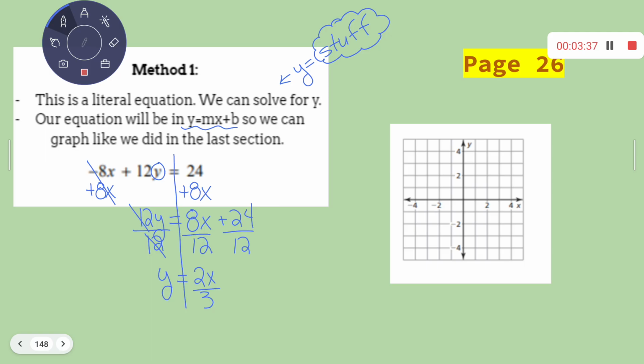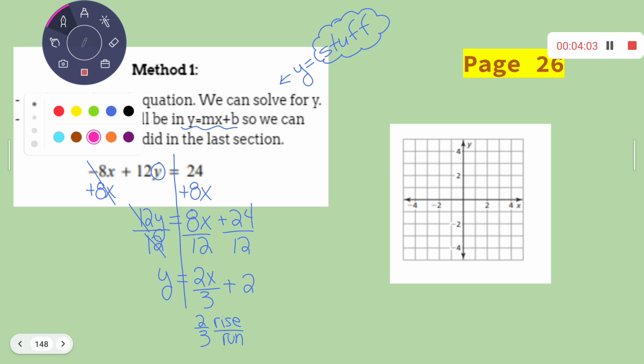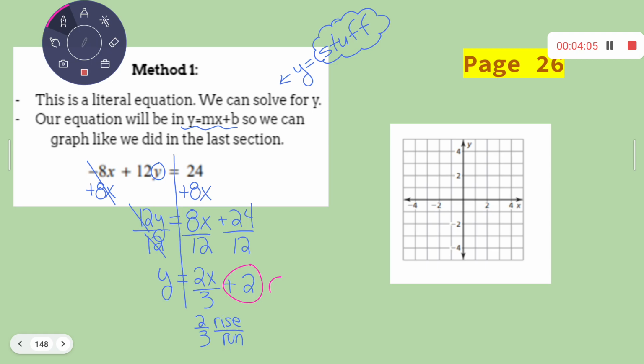We do not want a decimal because this 2 over 3 is our slope. So that's going to be our rise and our run. So we do not want a decimal there. Over here we have 24 divided by 12, which is 2. So our y-intercept is 2, which is the coordinate point 0, 2.